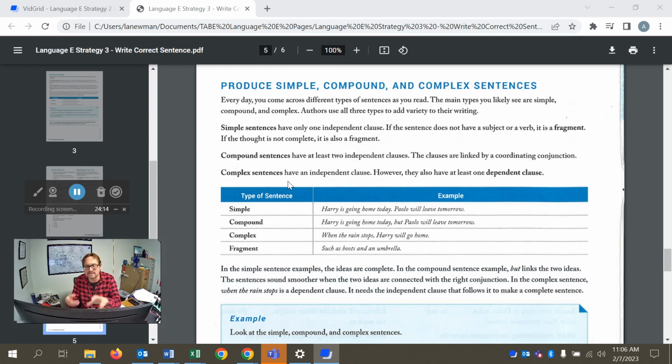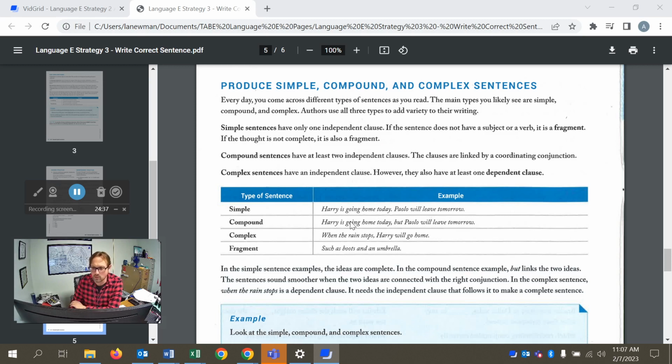There could be other words like adjectives, adverbs, pronouns, and so forth. But a clause must have a subject and verb relationship. An independent clause can be its own sentence. I think I've already said that. A dependent or subordinate clause cannot be its own sentence. So a compound is actually made of 2 independent clauses.